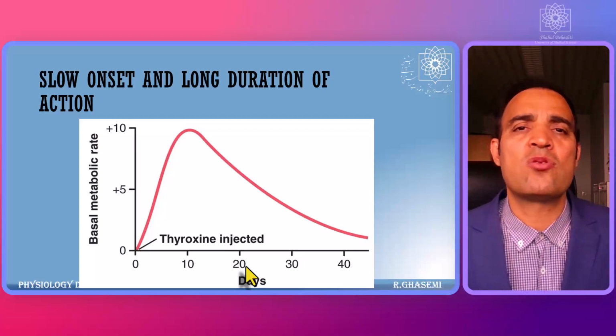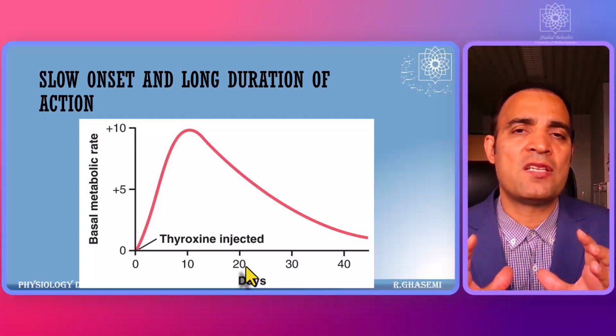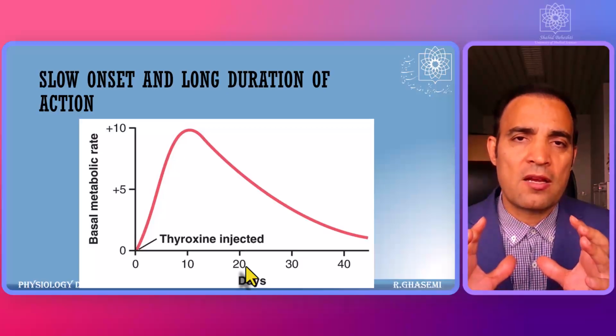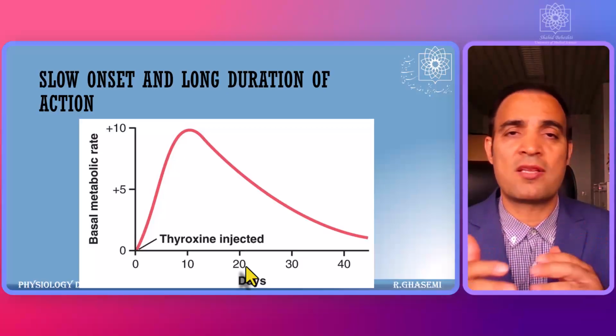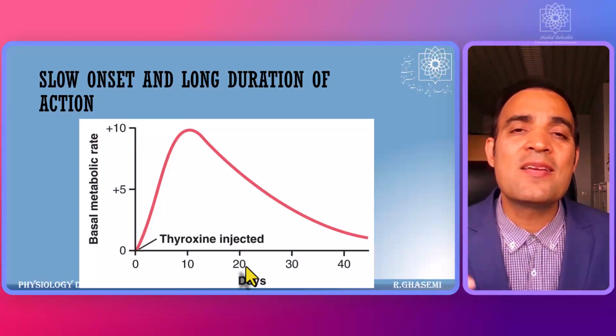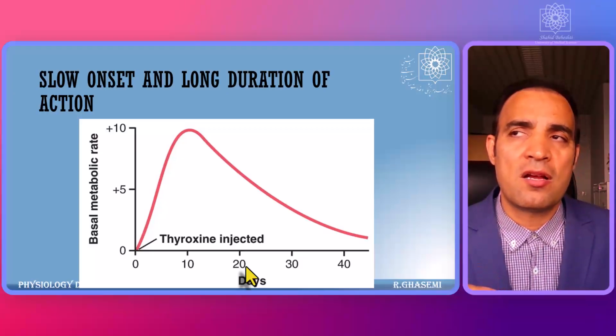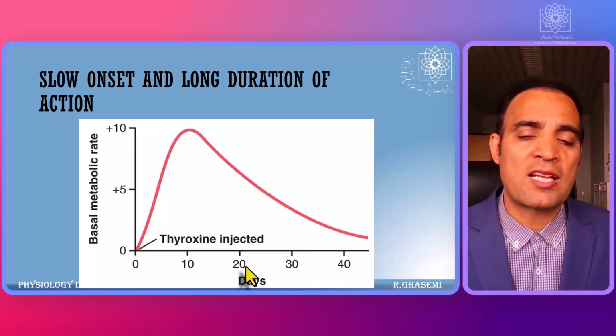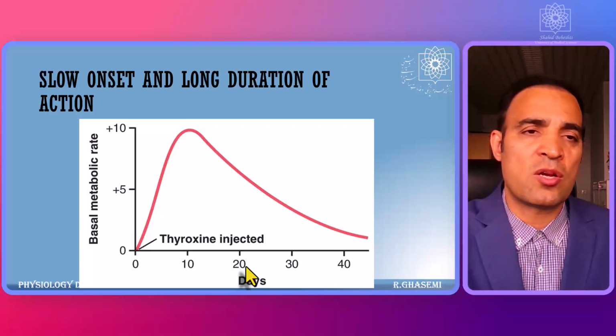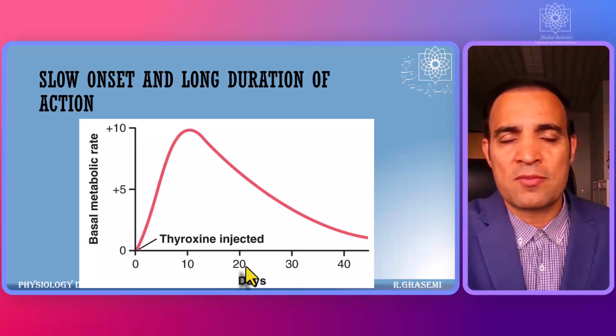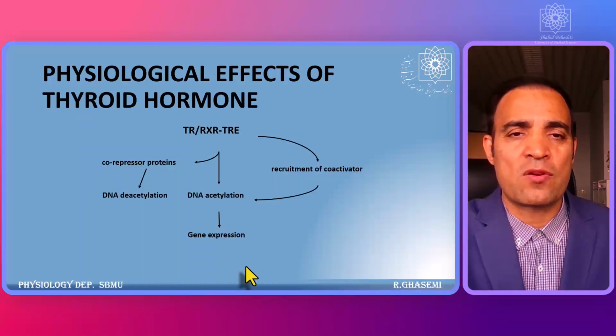This clearly shows that the speed of thyroid hormone action is slow, but the duration is long, and this is because of the presence of transporting proteins that I told you about in a slide before.